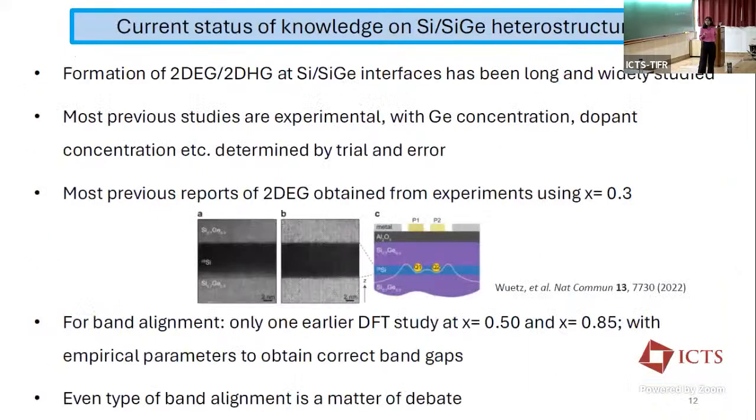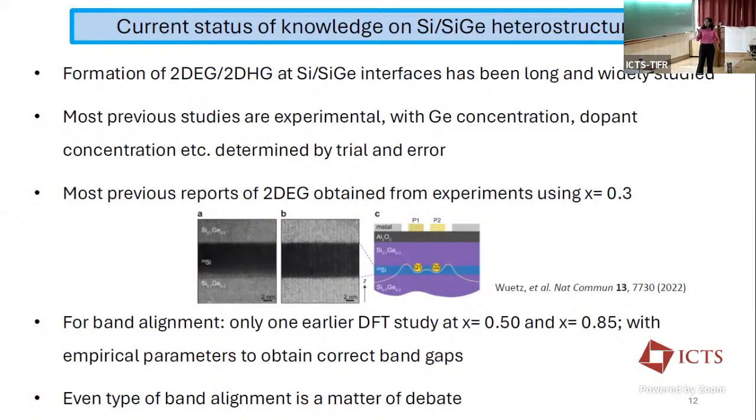So what's the current status of knowledge about silicon-silicon germanium heterostructures? It has been long and widely studied, but mostly experimentally. In these studies, the germanium concentration in the alloy and the modulation dopant concentration, as I showed, are determined more or less by trial and error.